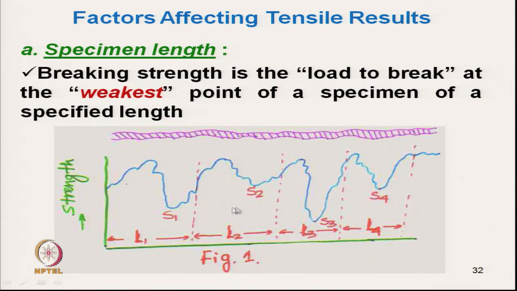Now, suppose in this figure the yarn length is L1 plus L2 plus L3 plus L4, and the breaking strength of the yarn with L1 portion is S1, L2 portion S2, L3 S3 and L4 with S4. Now, S3 is the least, followed by S1, then S4 and S2, S2 is the highest.